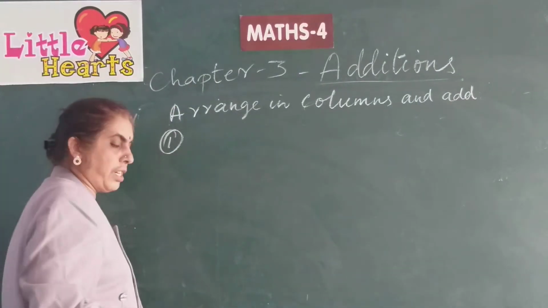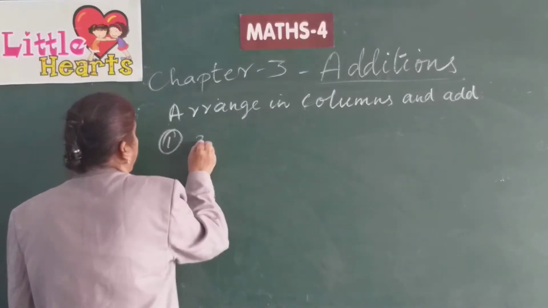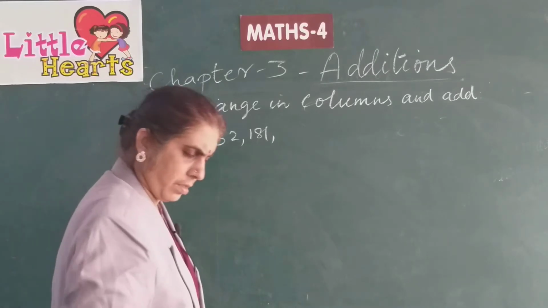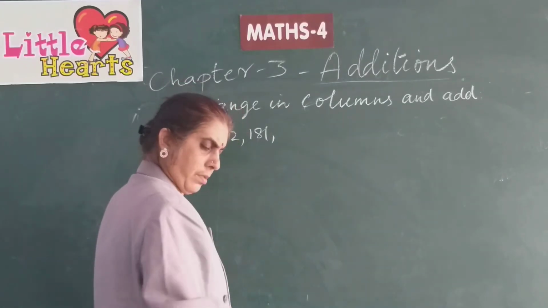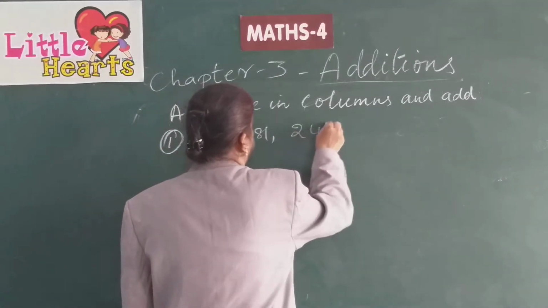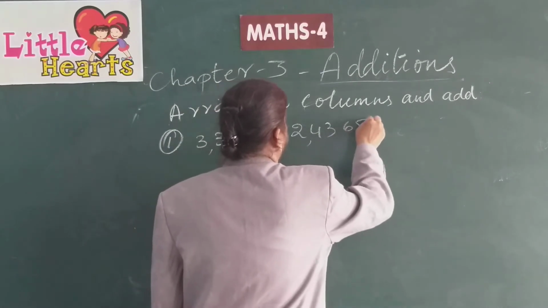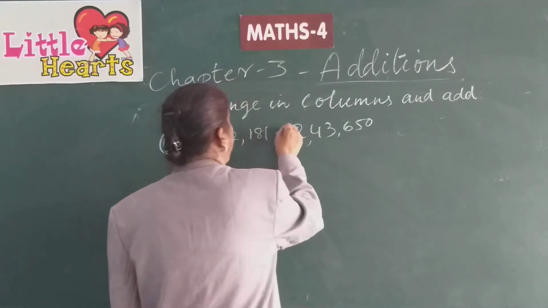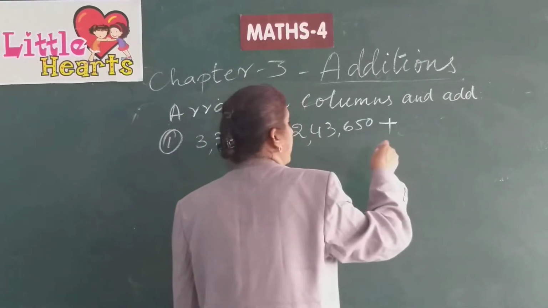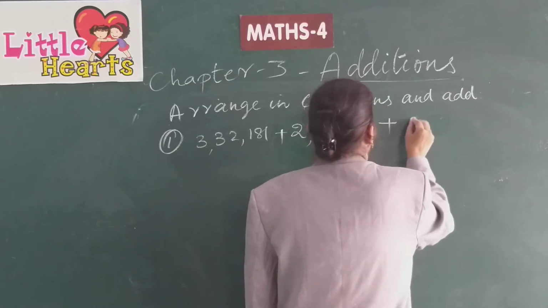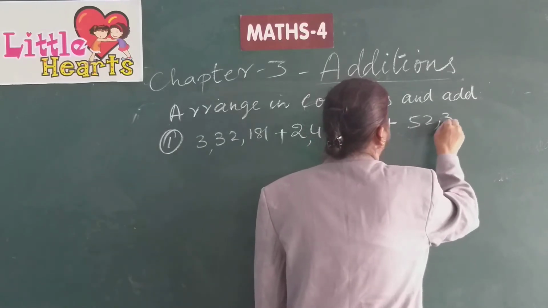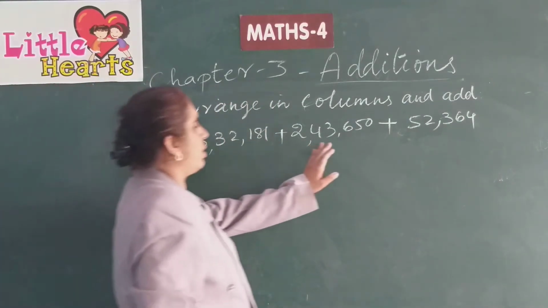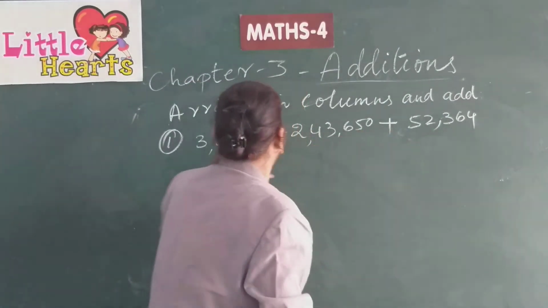Here we have 6-digit numbers also. Plus 52,364. Here we have two 6-digit numbers and one 5-digit number.